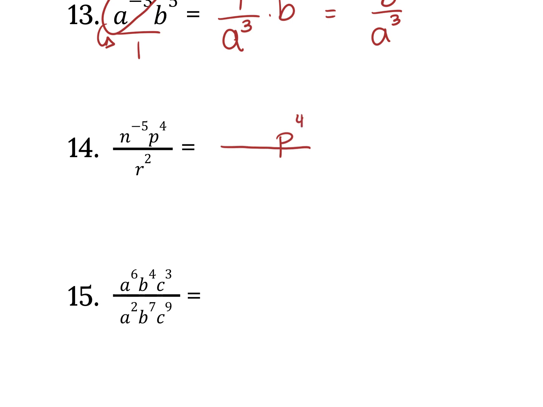Are we moving the R? No, that's also positive. Okay, so I know for sure those two things didn't move. I do need to move my N. Okay, so numerator, flipping it becomes into the denominator, and my exponent becomes positive. It's actually kind of nice when there's things already in the denominator because it just moves right with it.